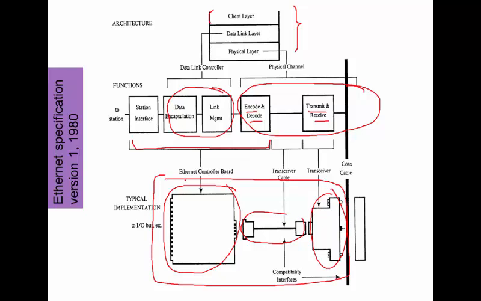So if you purchase the network equipment and install it, then this network equipment can handle some techniques defined for Ethernet. So it can encapsulate, do link management, encoding and decoding, and transmission and receiving.